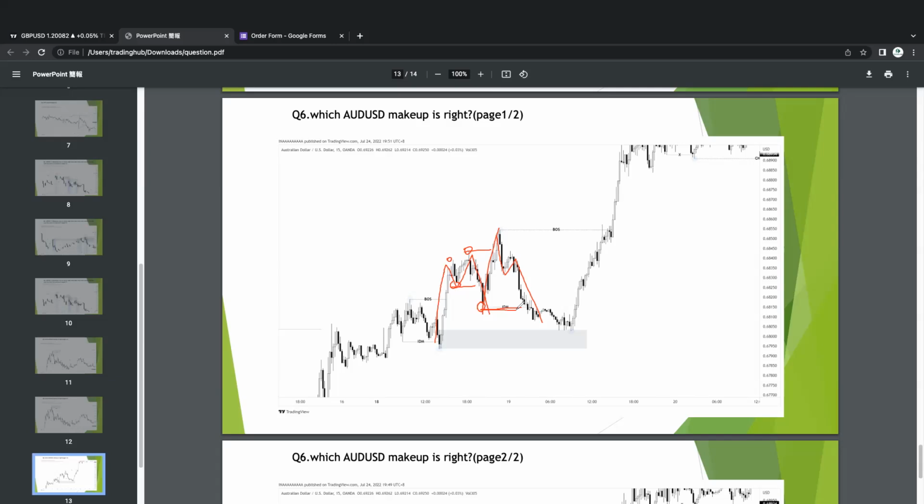Once the market breaks the CHoCH, you have to wait for the lower time frame confirmation. Check your higher time frame perspective before you sell or buy. If your higher time frame perspective says this is an inducement, then probably the market will tap on this demand and go higher. Same thing happened here.